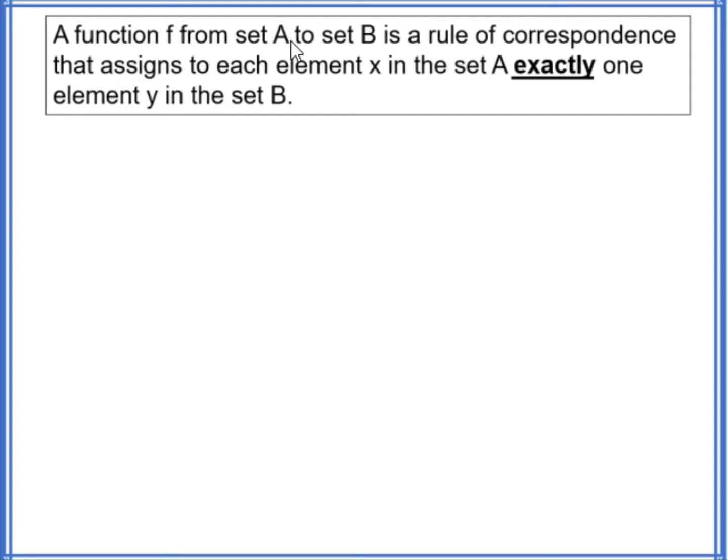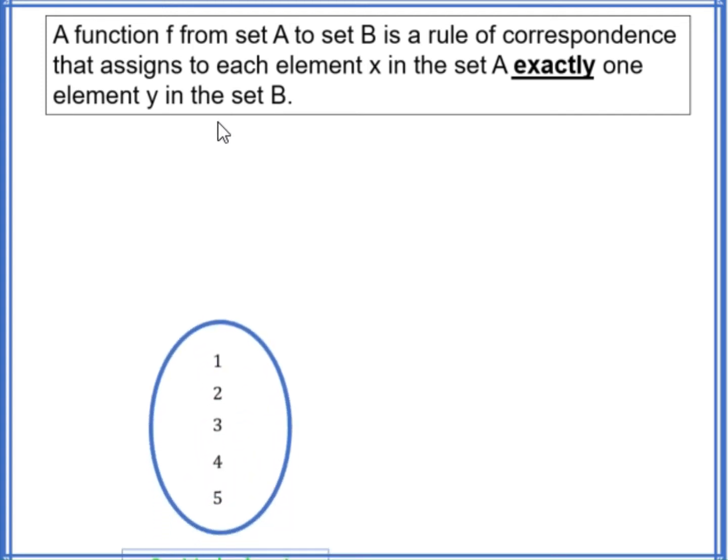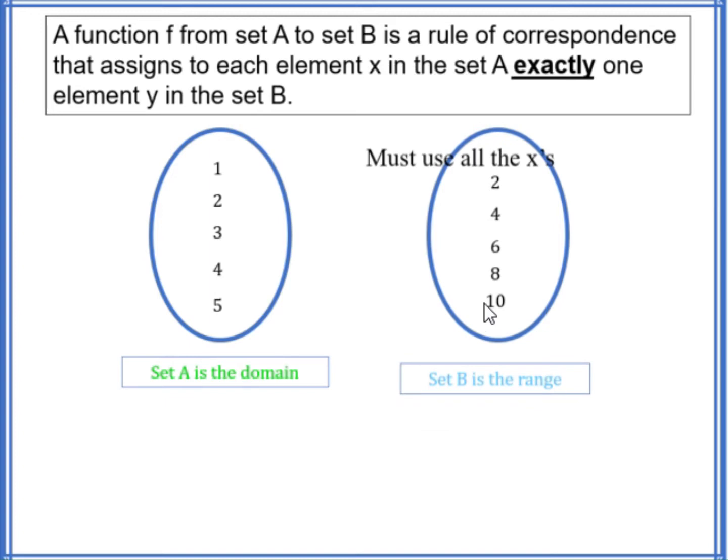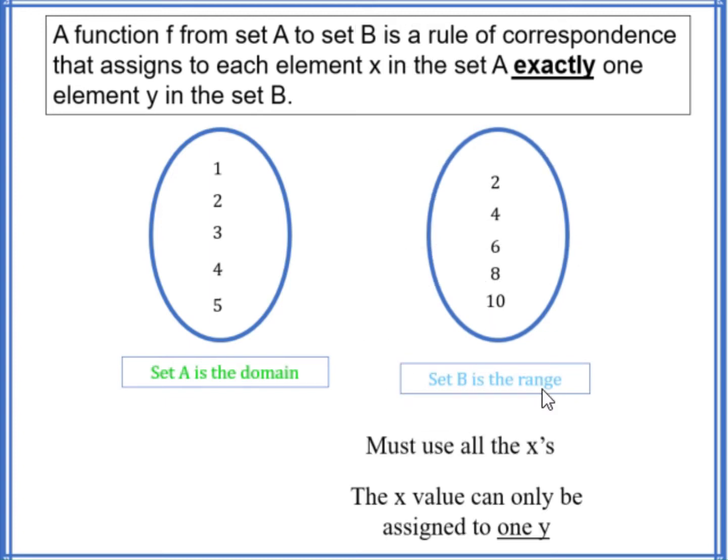A function f from set A to set B is a rule of correspondence that assigns to each element x in set A exactly one element y in set B. For instance, set A is the domain: 1, 2, 3, 4, and 5. Set B is the range: 2, 4, 6, 8, and 10. We must use all the x values and assign each to one y value.